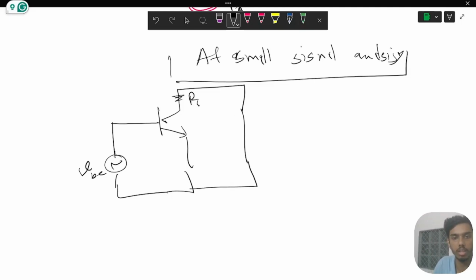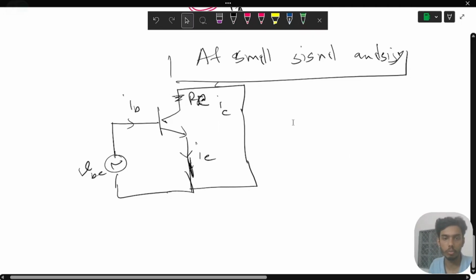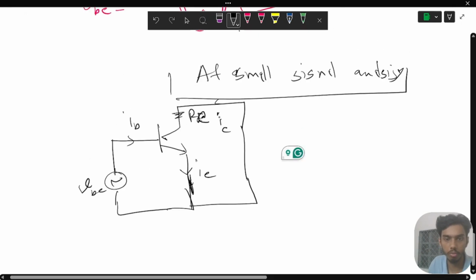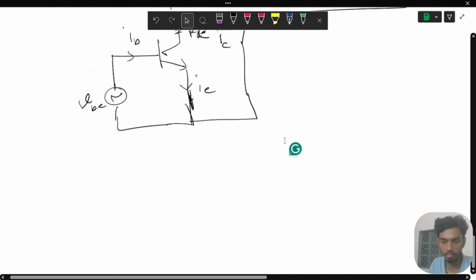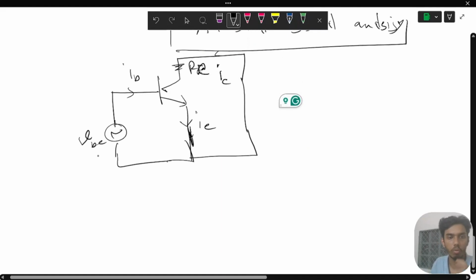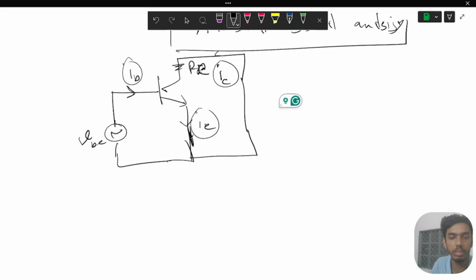And there is an RC collector resistor. Okay, fine. So we'll have small i small b, small i small e, and small i small c. So we're almost there. We already know the IB, we already know the IC, and we just need to know the IE.